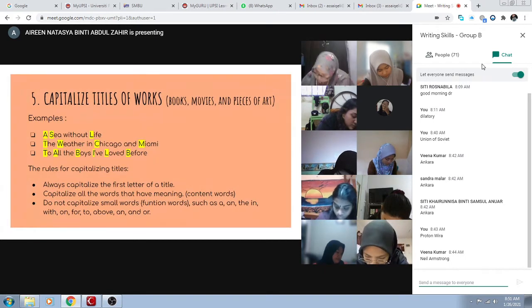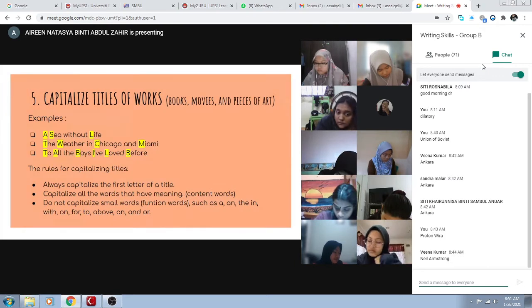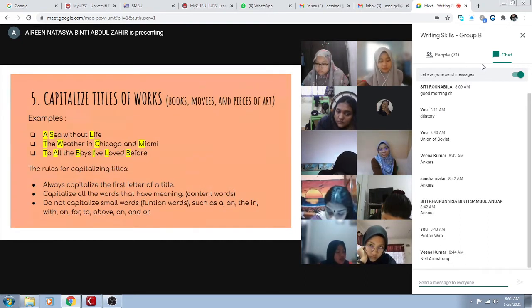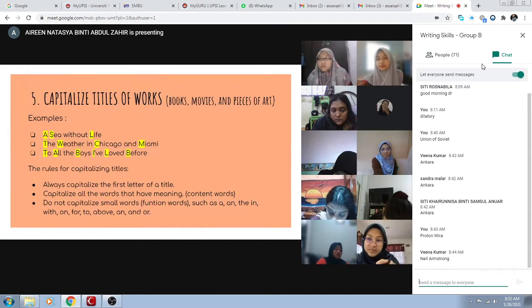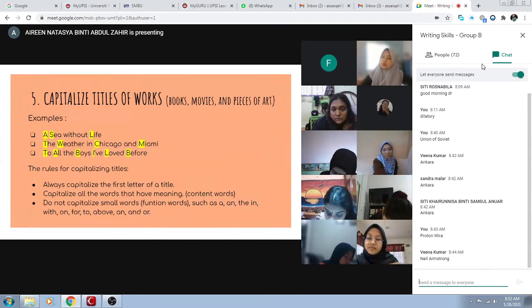Alright, so who can read the whole paragraph? Who can point out the errors in punctuation and capitalization and make the necessary corrections? Can I have one of the members, apart from Radia? One of the presenters? I'll try, Doctor.